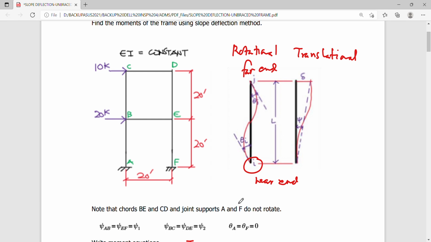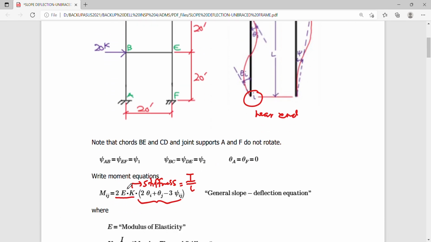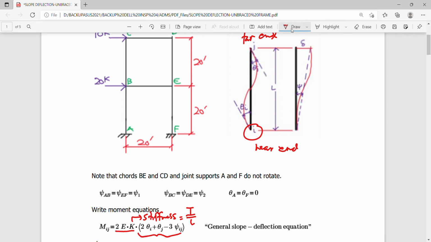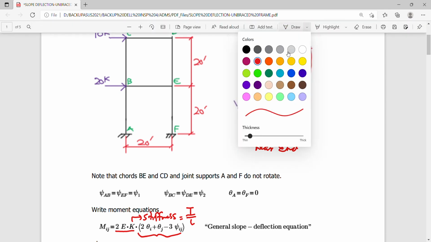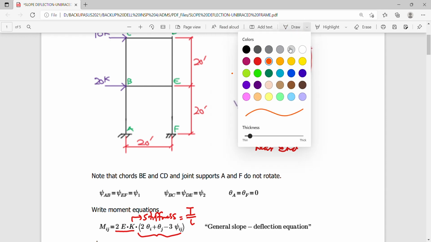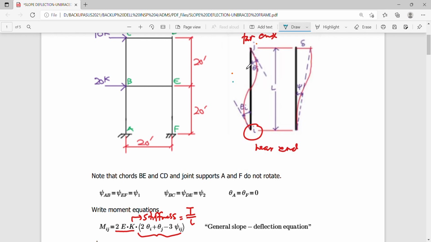So why is it a negative contribution? Because we take note that if we assume a counterclockwise rotation as positive, our rotation here is actually a positive rotation, which represents a slope coming from the near end to the far end, sloping upward.